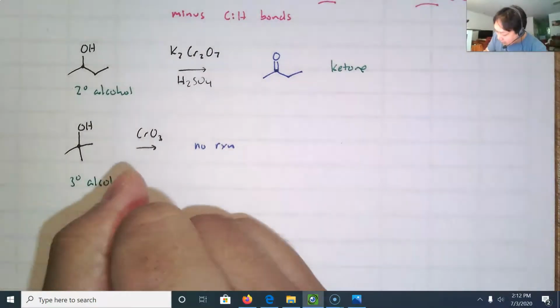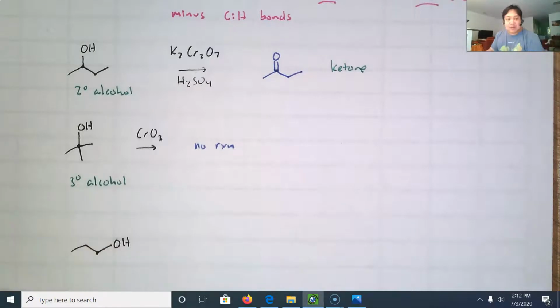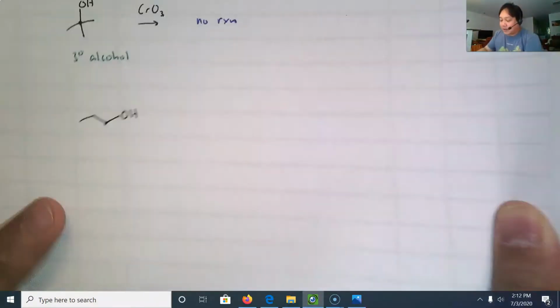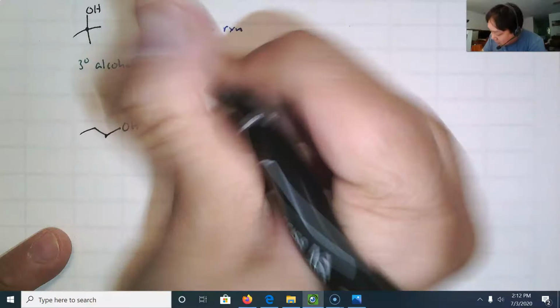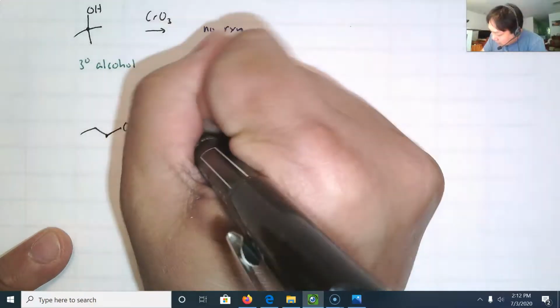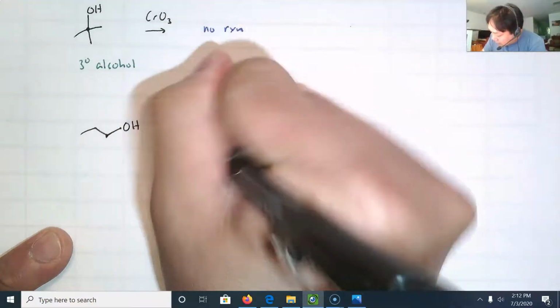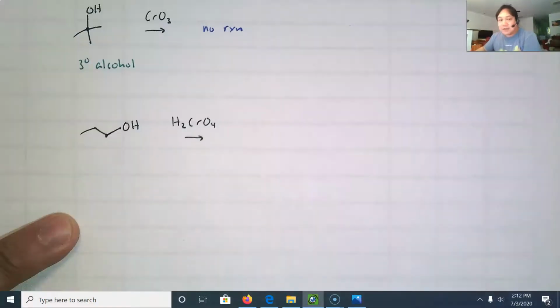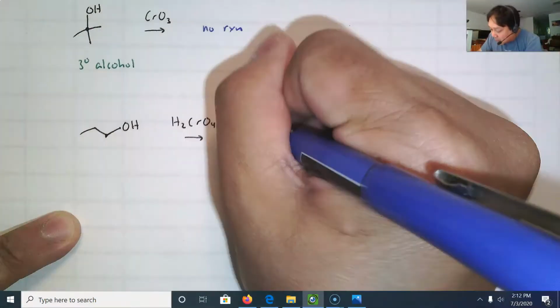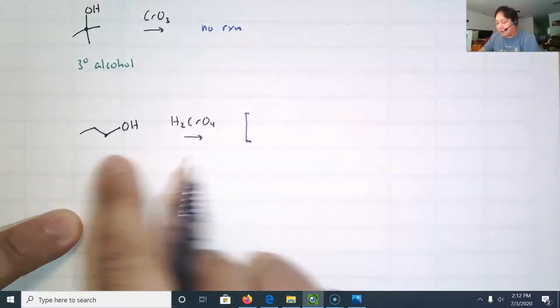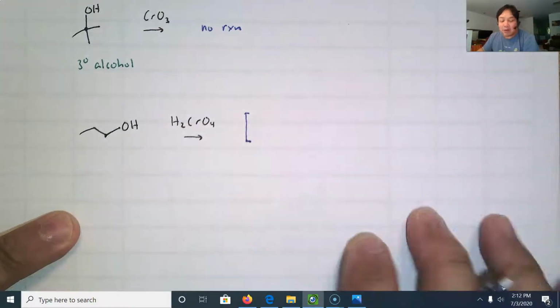Let's take this same primary alcohol, and I'll draw you the intermediate molecule. H2CrO4. Okay. This is intentionally in brackets because you cannot isolate this when you react the primary alcohol with chromic acid.